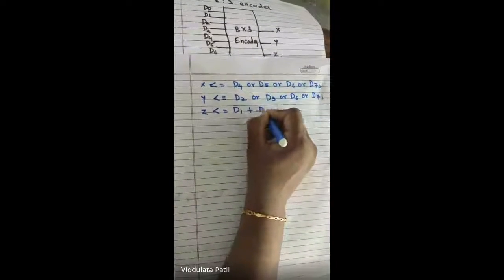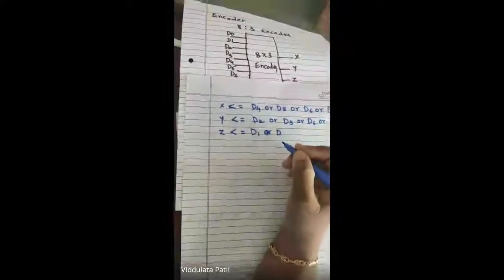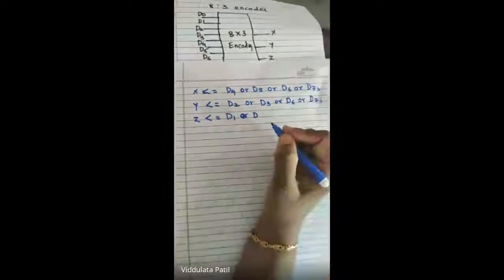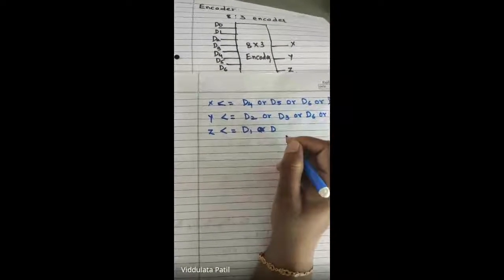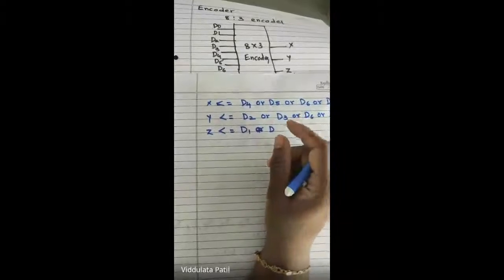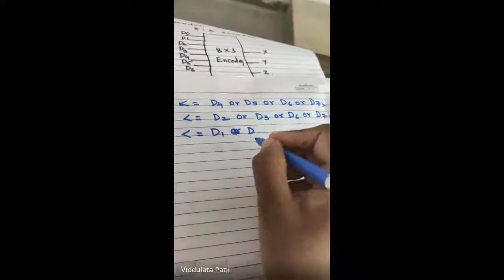plus, sorry, that should be or. Remember that whenever we are saying a plus sign, that means we are ORing. And whenever we have a dot, that time we are ANDing the parameters. So whenever there is a plus sign, you need to write or, as this is the operator present in VHDL. So this is the logical operator present here.